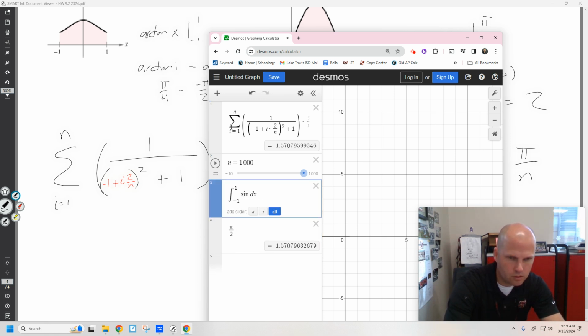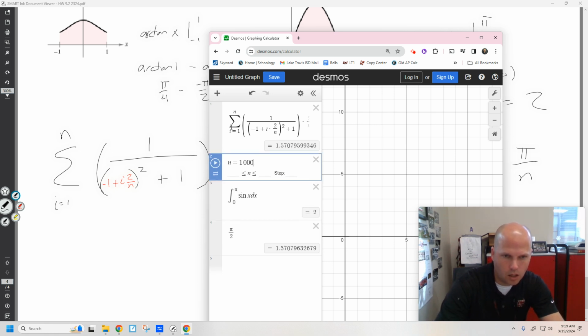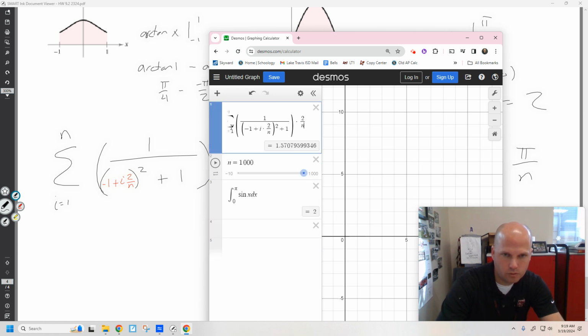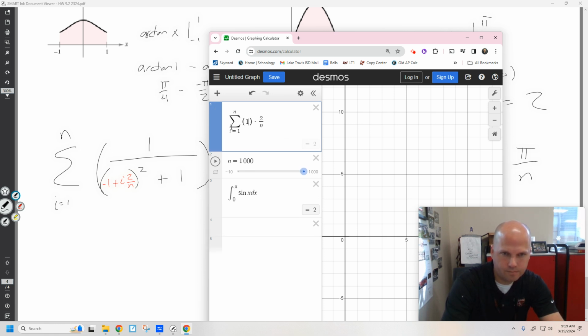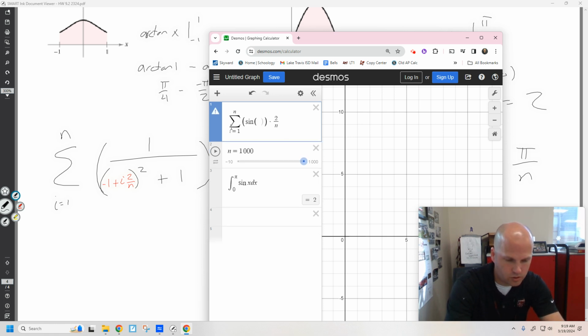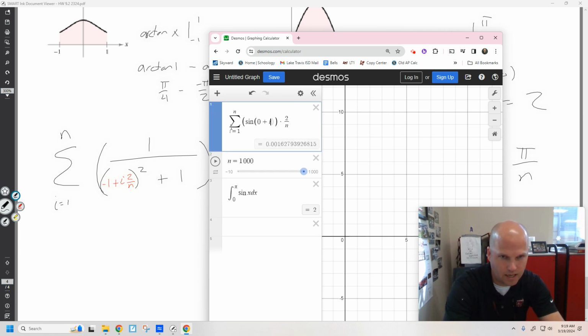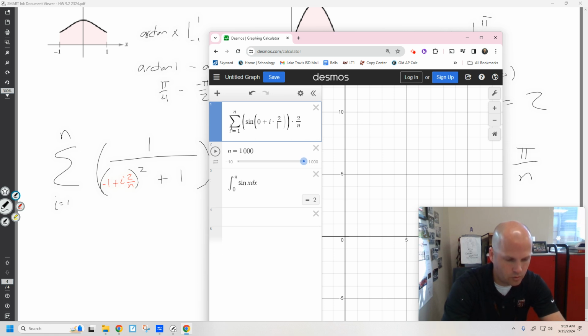Sine of x from 0 to pi. Cool. 2. If I were to change this to be the sine starting at 0 plus I times 2 over n.